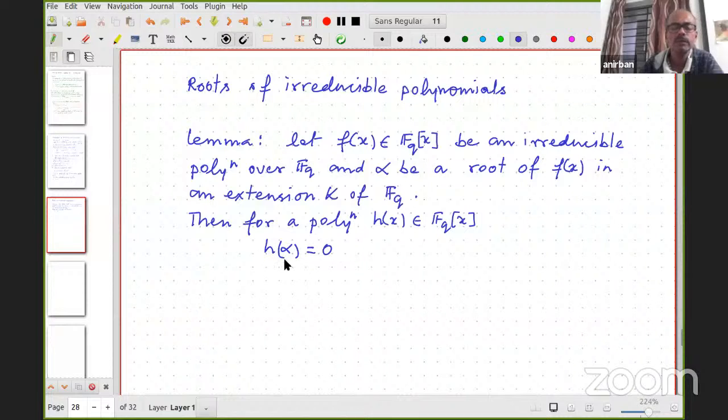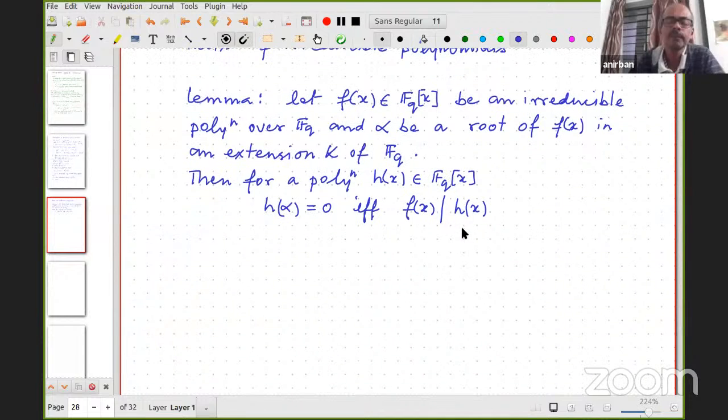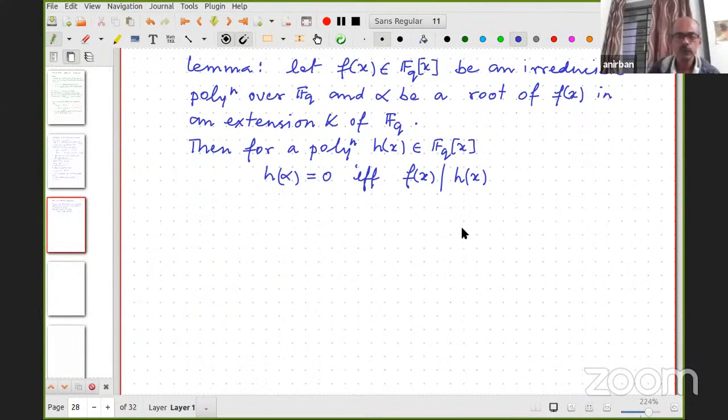So alpha is a root of this polynomial h if and only if f(x) divides this polynomial. So this division is in this ring, the polynomial ring. So this is essentially a consequence of Euclid's division algorithm. So we'll just see a proof.